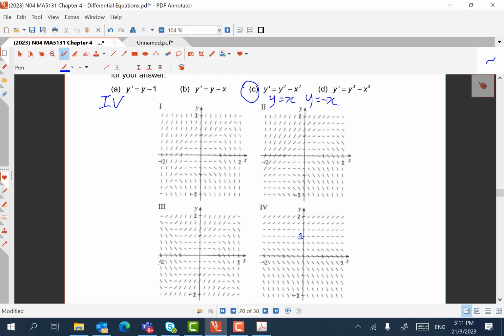So for part C, you want to look at the remaining 3 graphs and see which one has this feature.